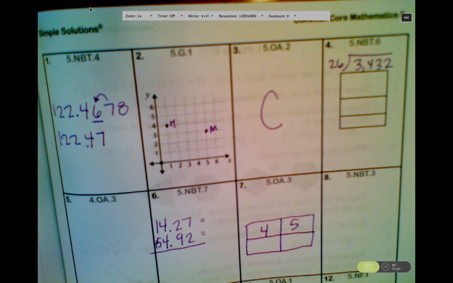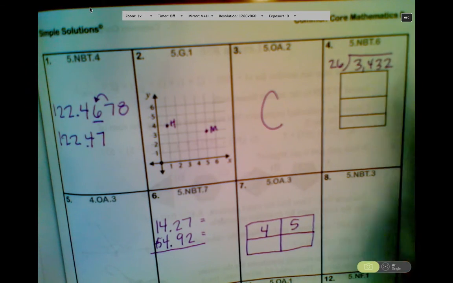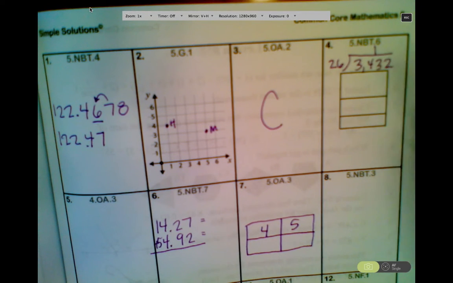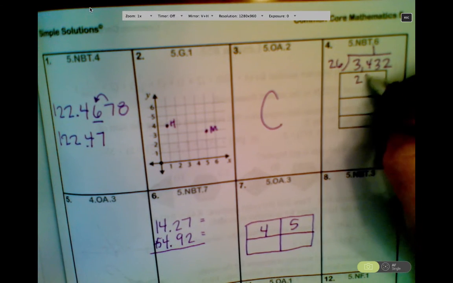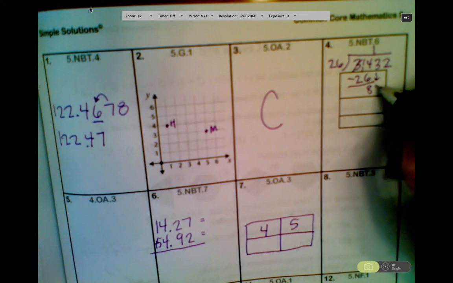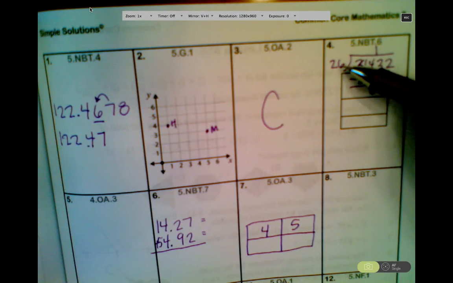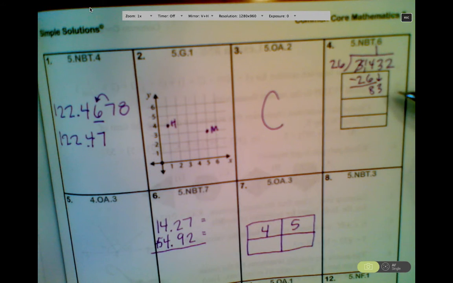Number 4, 3,432 divided by 26. Okay, well I know 26 goes into 34 one time. 1 times 26 is 26. We'll subtract and we get 83. Now I'm going to say how many times can 26 go into 83?